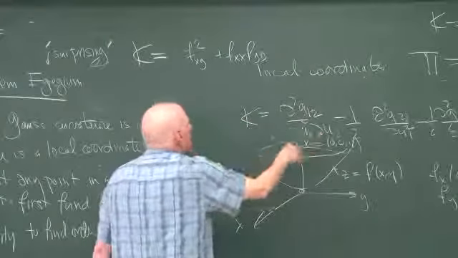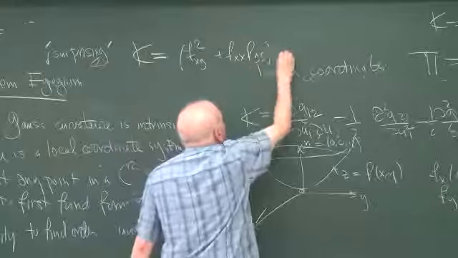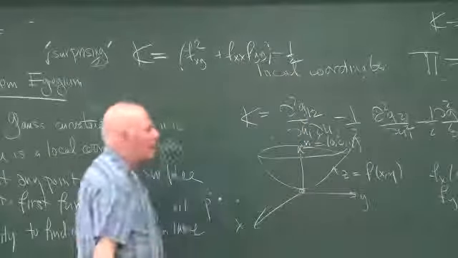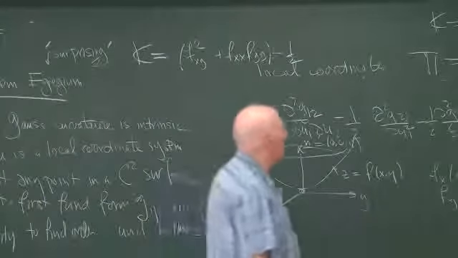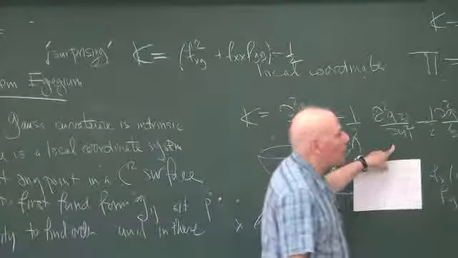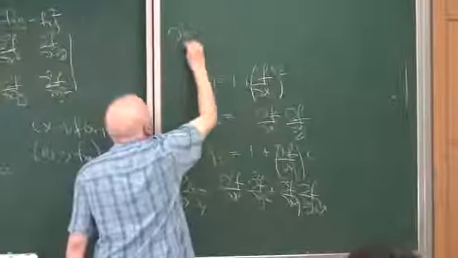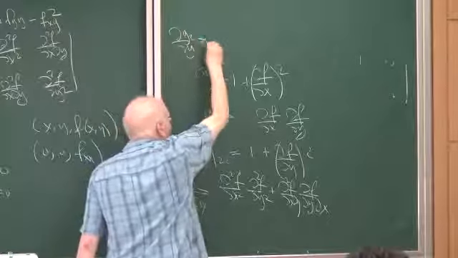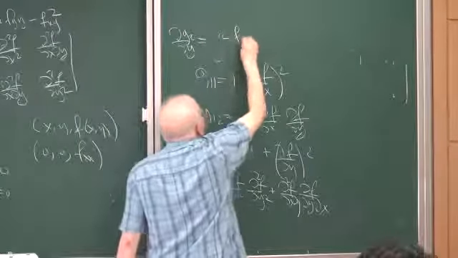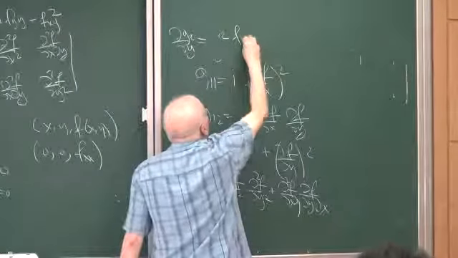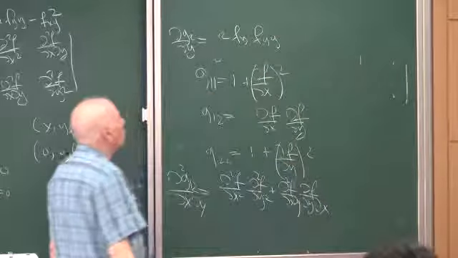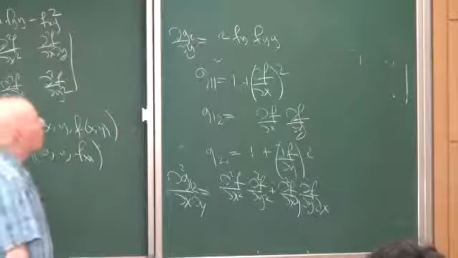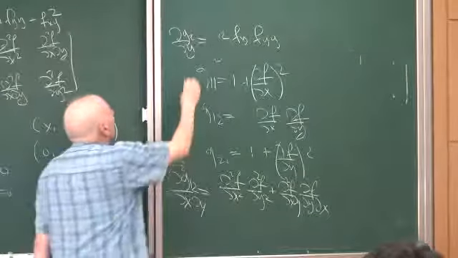And then I'm supposed to take that one and subtract off. Now I have to take g22 with respect to y. So here's g22. I differentiate g22 with respect to y once. I get 2 f sub y, f sub y, f sub y. So that's the first derivative. Now I differentiate one more time.